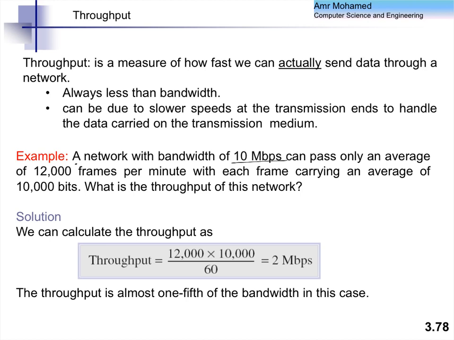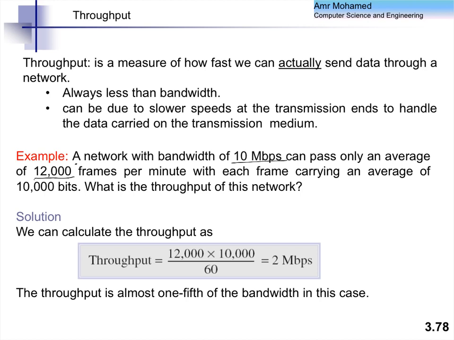So if we talk about this example, a network with a bandwidth of 10 megabits per second can pass only on average 12,000 frames per minute. Each frame is 10,000 bits. So 10,000 bits times 12,000 is 120 megabits per minute.